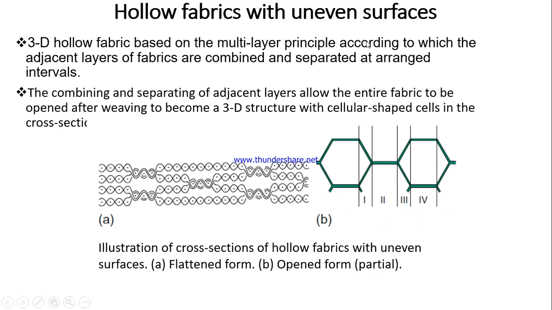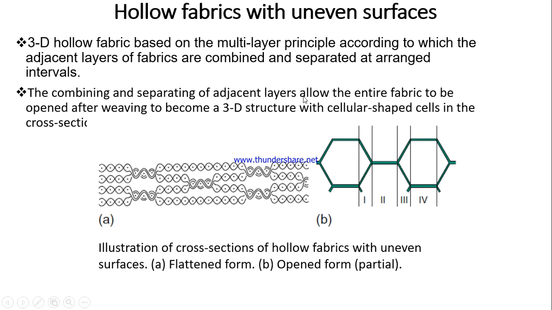Hollow fabric with uneven surface. This is a 3D hollow fabric based on the multi-layer principle, according to which the adjacent layers of the fabric are combined and separated at arranged intervals. In this figure, when the surface of the 3D fabric is not even like the earlier one, the surface will be uneven due to differences in the interlacement.